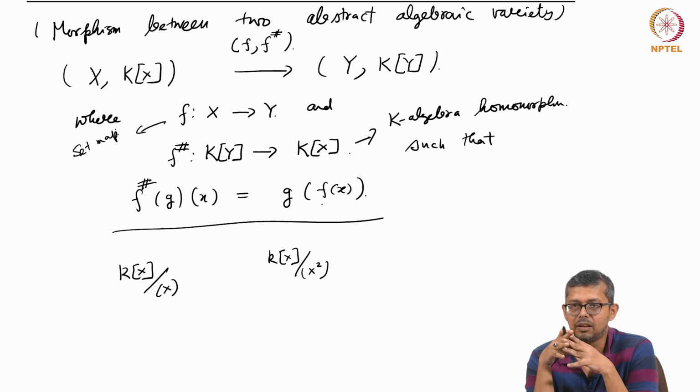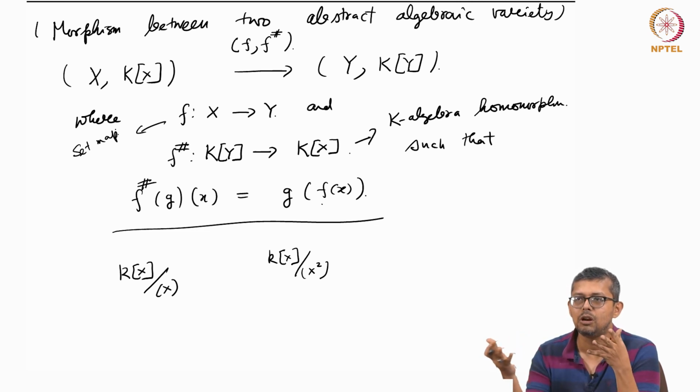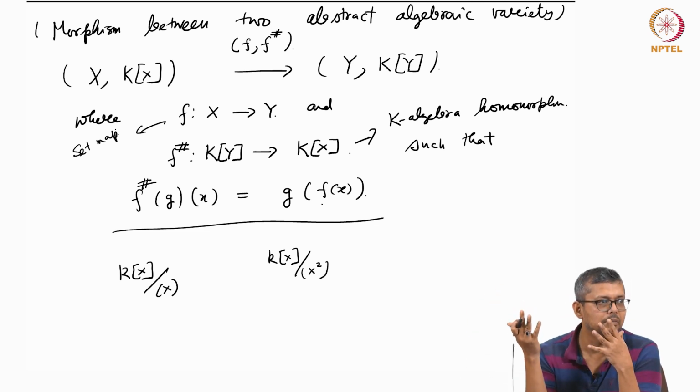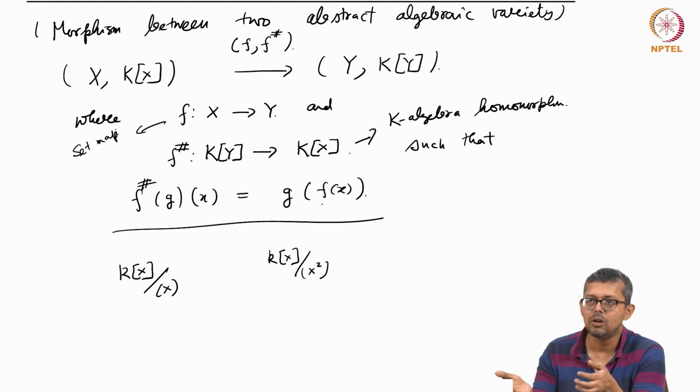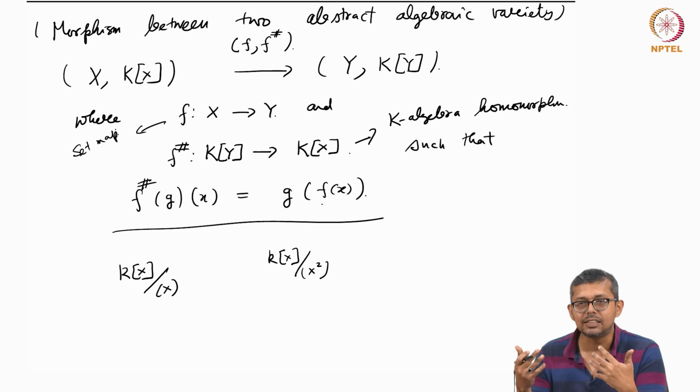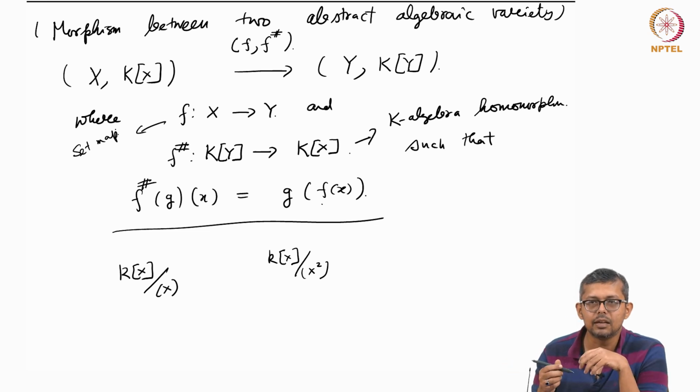That is the point: you should not bother about where it is embedded. When you define some object, you should define it like that. So this is a more natural way of defining affine varieties or algebraic varieties, to have an embedding free approach.